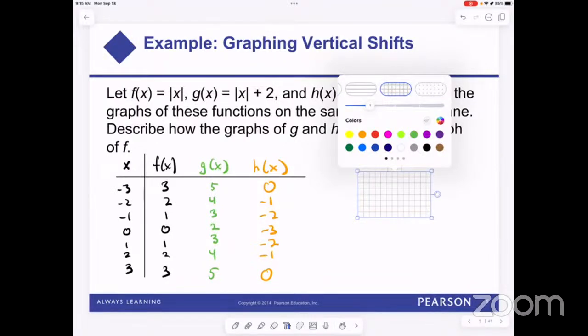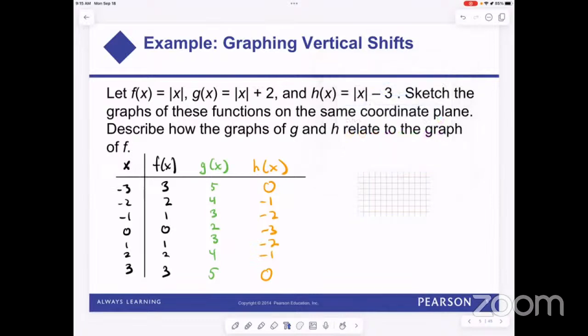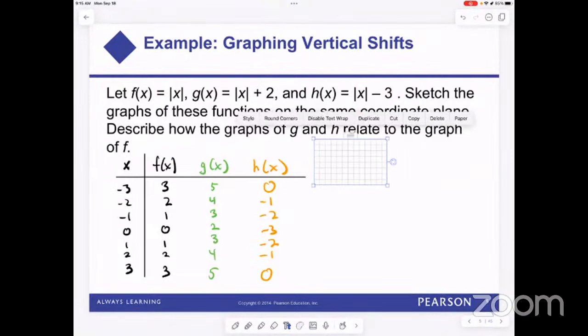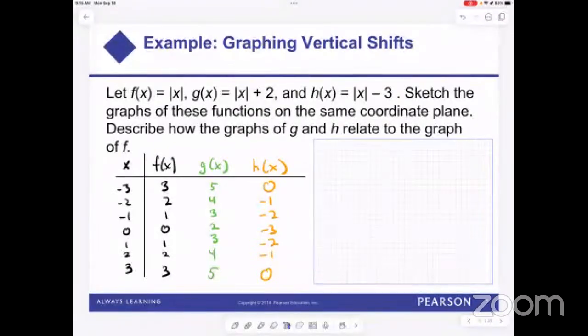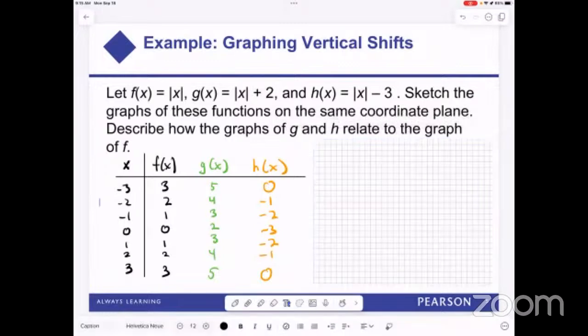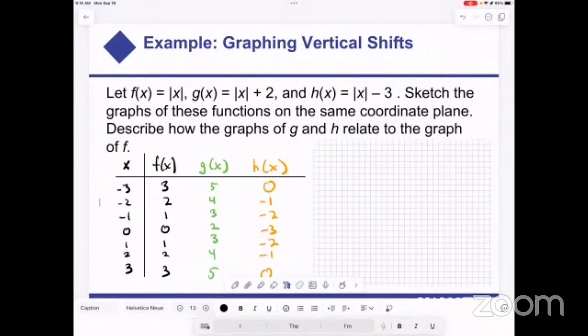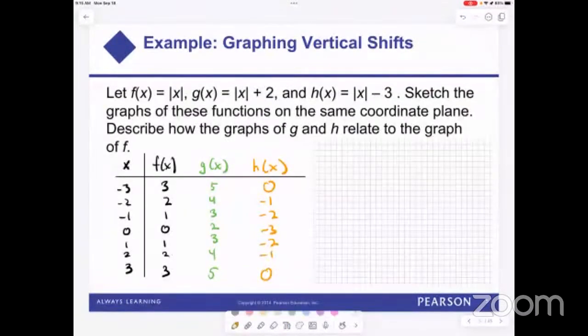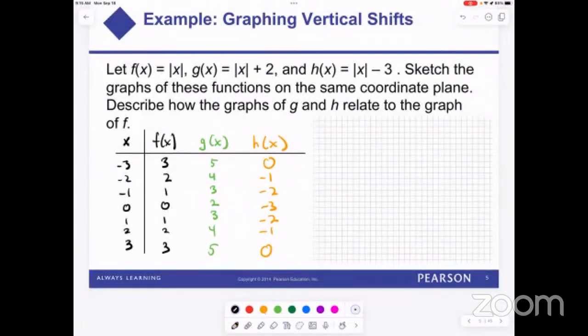We changed it, but that's fine. Okay, so we'll put the origin about here.